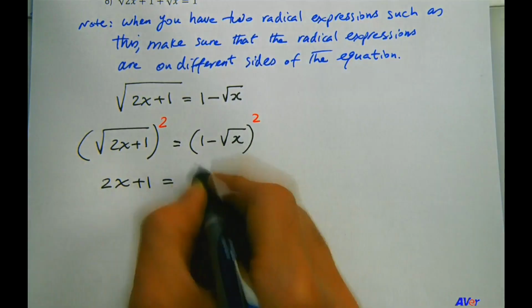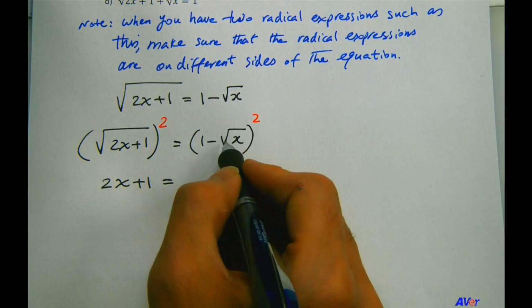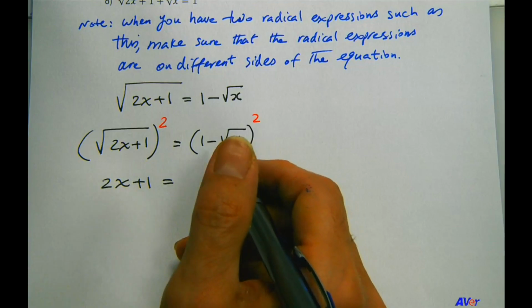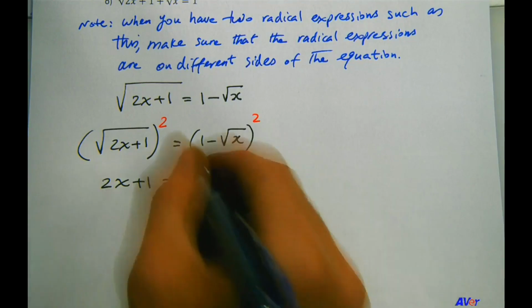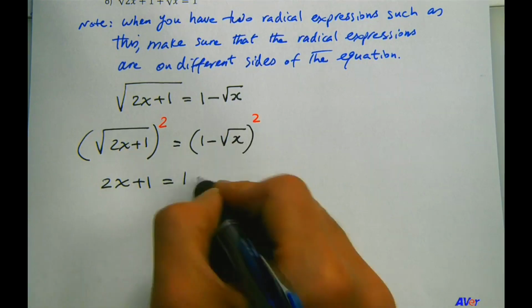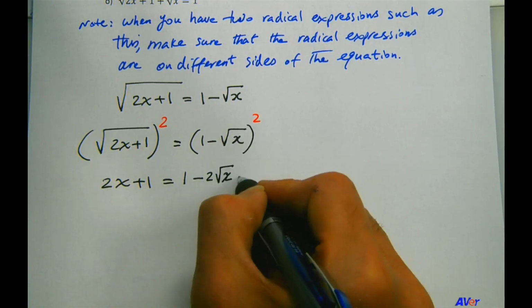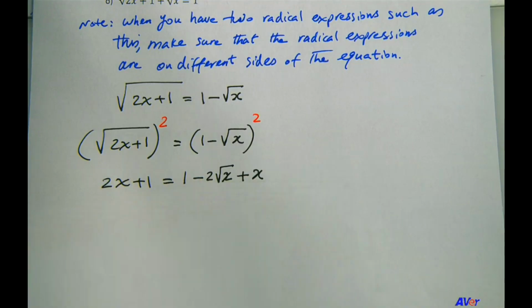On the right, you can either FOIL this or, if you remember the special product formulas, you can make this a little easier on yourself and quickly get the answer. So you get 1 minus 2 square root of x plus x.